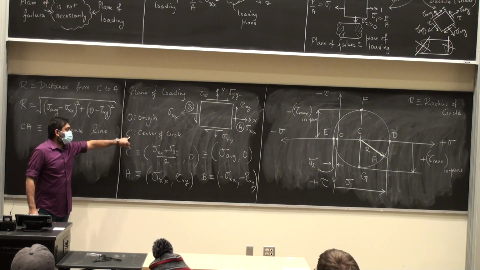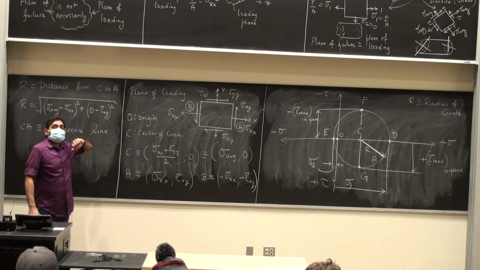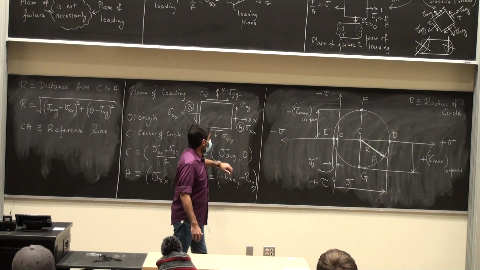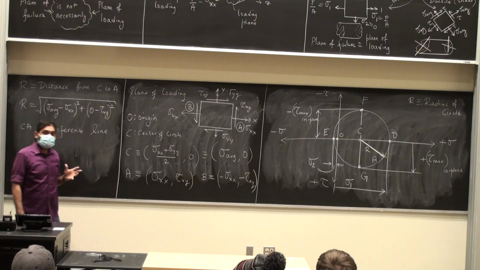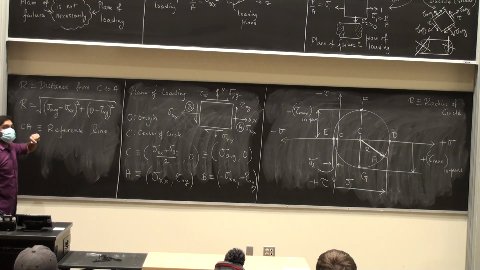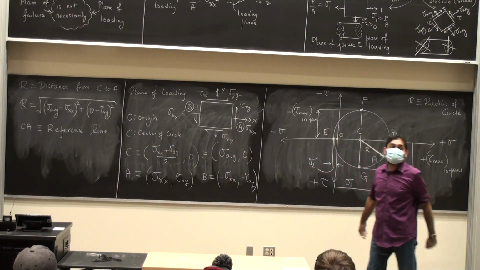The center of the circle, if I know the state of stress, the center of the circle is easy. I need the coordinates of point A, which is going to be, in this case, whatever is the state of stress on the right side of this element. I can calculate the radius, which is the distance from point C to point A, and I can find out all the important stress states here.